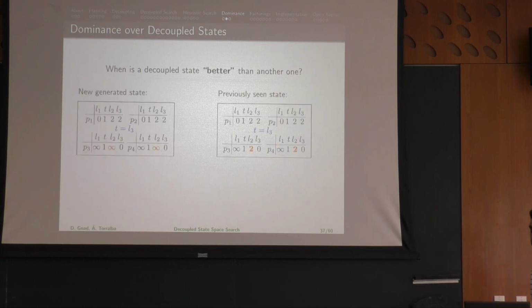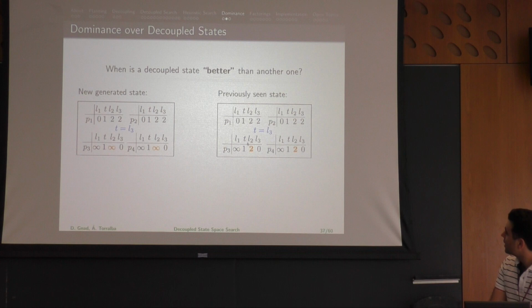A very easy criterion that we can use is this: if you have a newly generated state and you have previously seen one state such that for every possible price in your pricing function, the value of this state is lower or equal than the value of the new state, then this state is better. And of course, I'm only talking about states with the same center state.